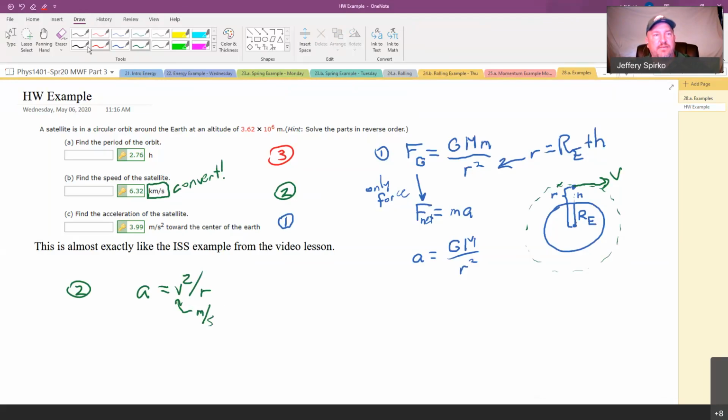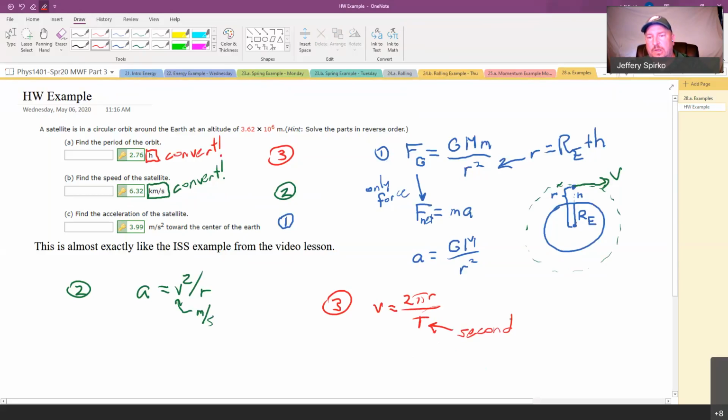And then finally, for part three, you want to use v is 2 pi r over the period. And again, you have to convert because this T is in seconds, and this v in meters per second.